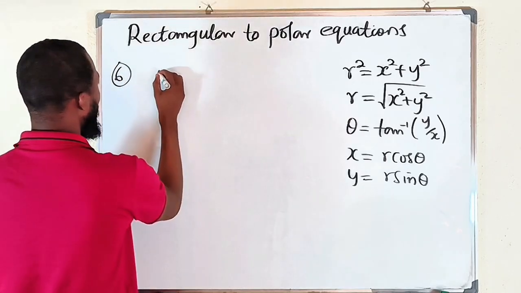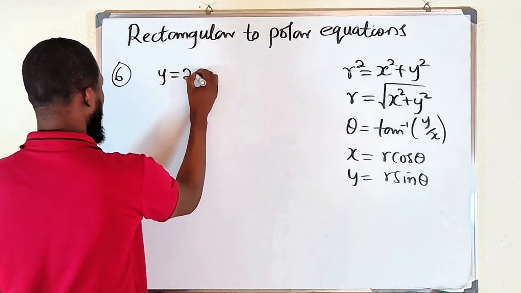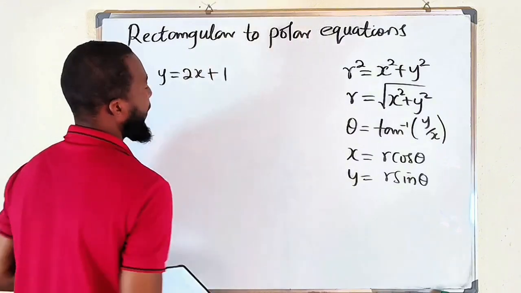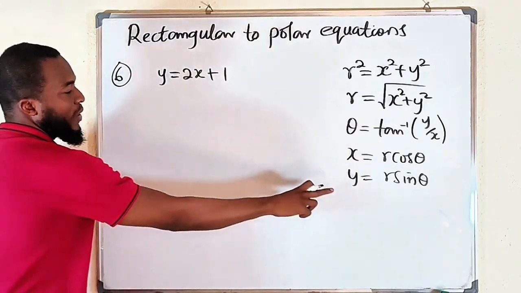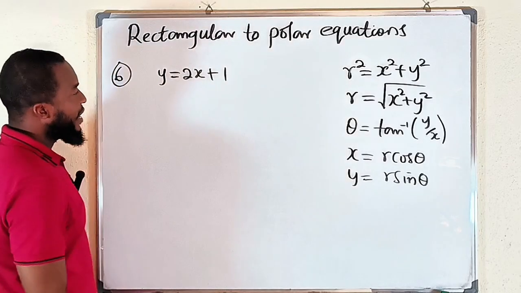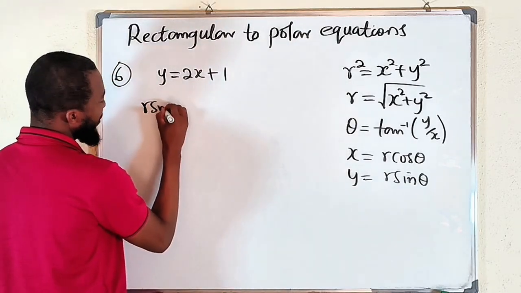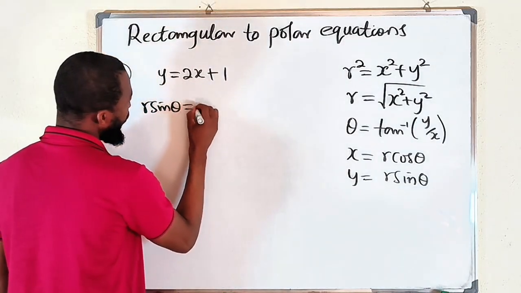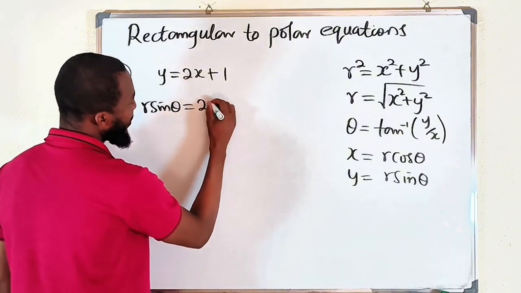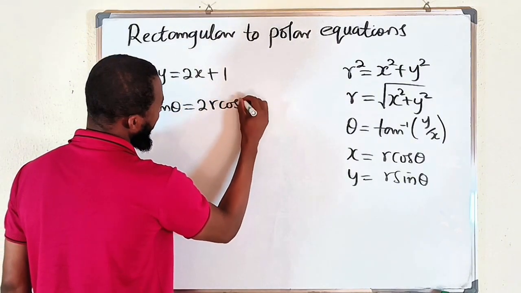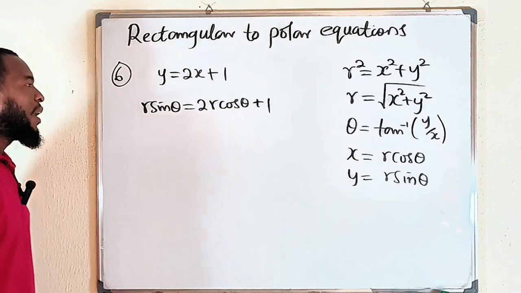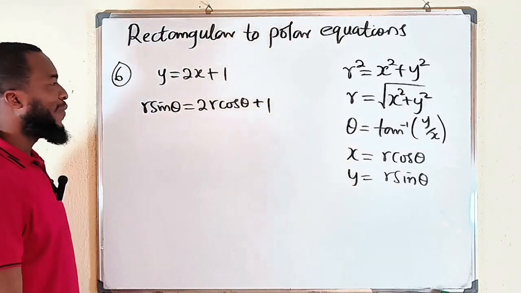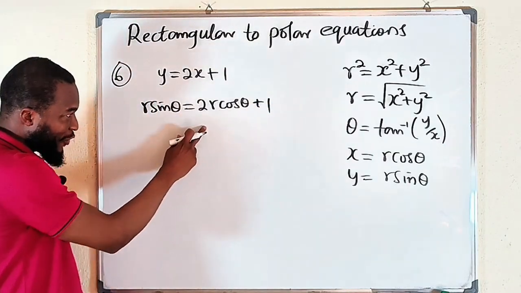Question number 6, we have y equal to 2x plus 1. Y is what? R sine theta. So we have r sine theta here equal to 2 multiplied by r cos theta plus 1. I think to factor out r, I can bring this one backward.